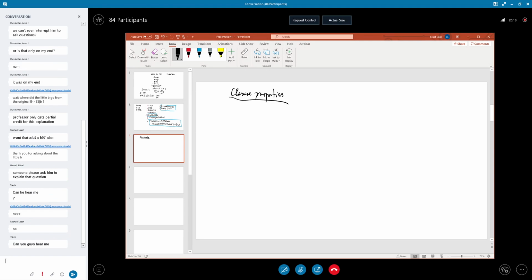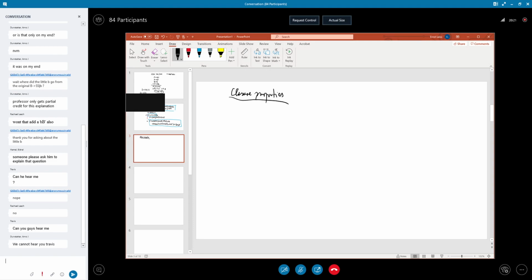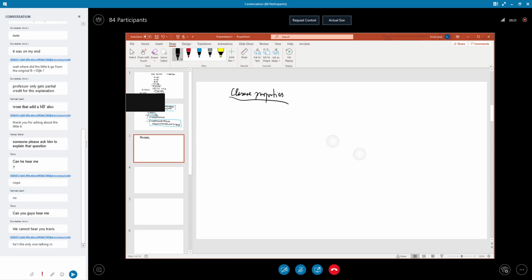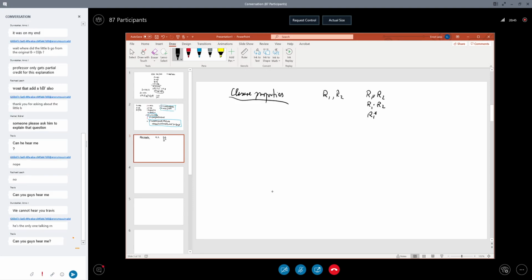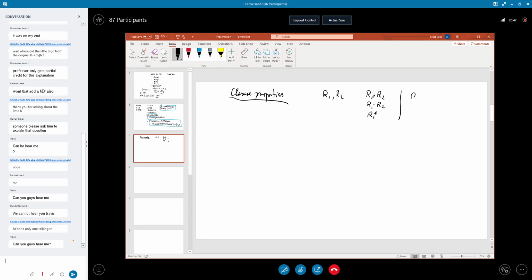Closure properties, if you remember, we were looking at regular languages. And so we had two regular languages, and we looked at the union. We looked at the concatenation. We looked at the star. We looked at the intersection, and we looked at the complement.